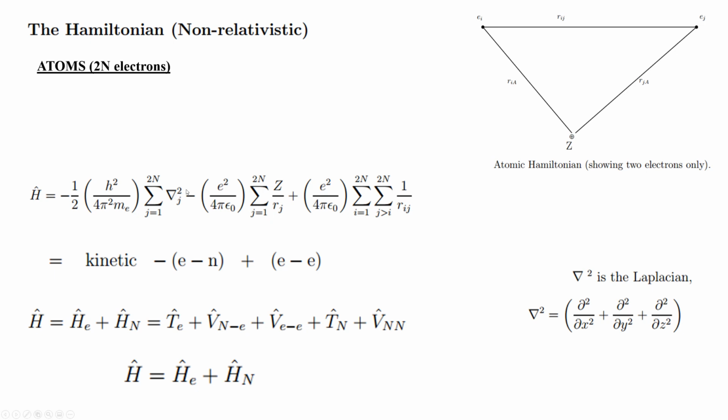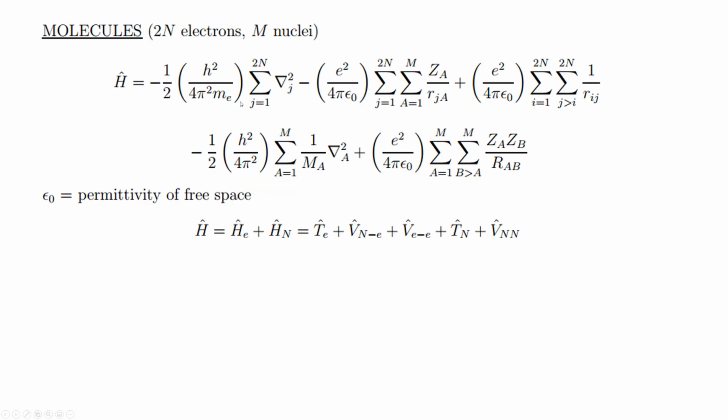This symbol, del squared, is called the Laplacian operator, which is equal to the second derivative with respect to x, y, and z squared, as you see, and this is in Cartesian coordinates. So these five terms, again, will be given by this equation. The first term here represents the kinetic energy for the electron, where you have some constants.